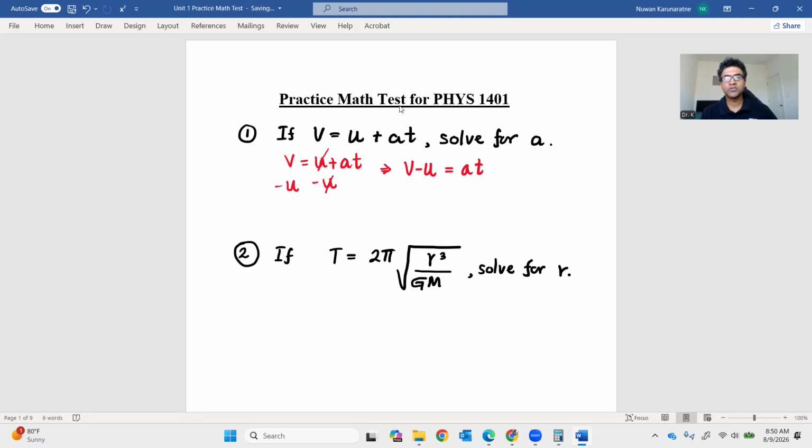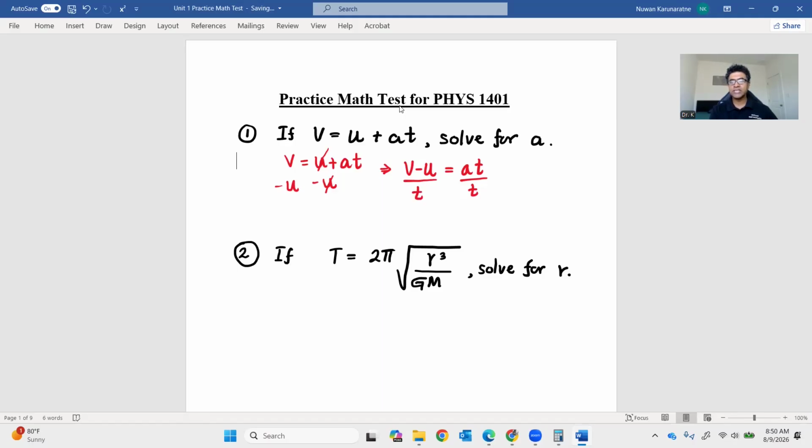And my objective is to solve for A. Now there's a T, right? On the right-hand side, you see it's A times T. So I want to remove T, I need to divide, right? Because the inverse operation of multiplication is division. That's why I'm dividing the right-hand side by T. And then I need to do the same operation on the left-hand side.